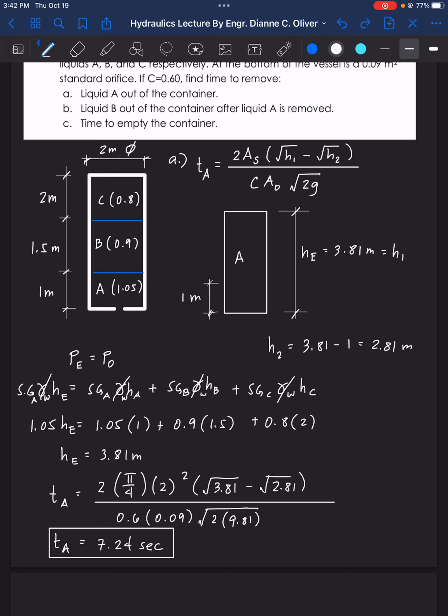Okay. Now for letter B, time to remove liquid B out of the container after liquid A is removed. So after liquid A has been removed, how long will liquid B be emptied?